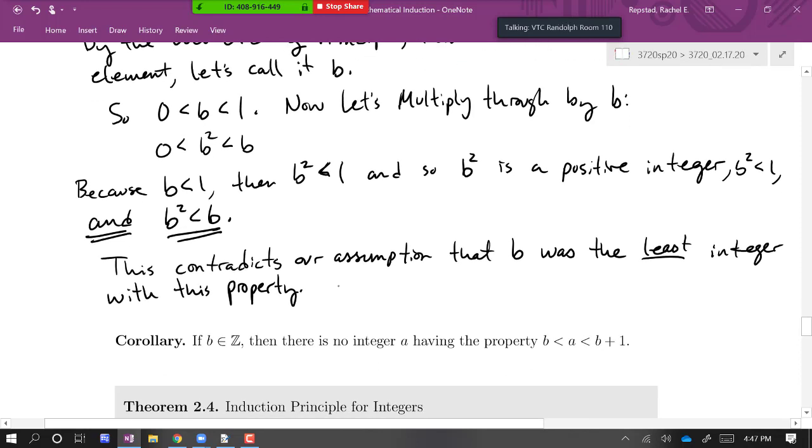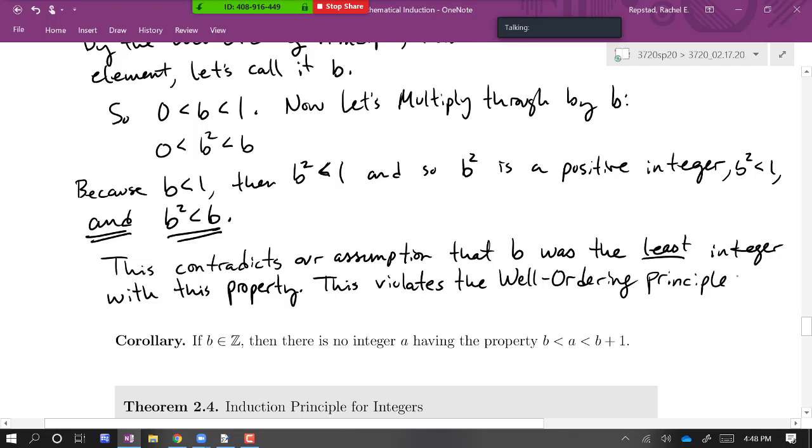And it violates the well-ordering principle. So there must not be an integer with this property. In other words, the set of all the integers that have this property has to be empty.